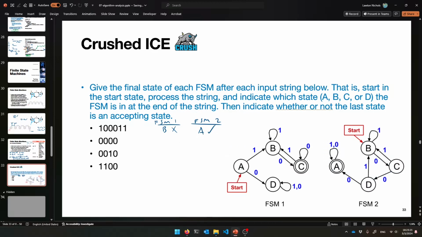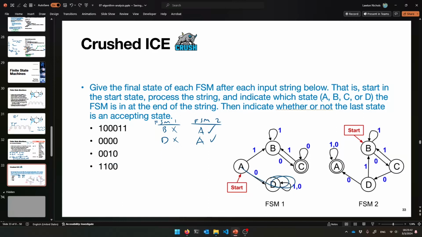Nice. And then let's try these other ones. I'll do them more quickly. So we have 4 zeros. 1, 2, 3, 4. That's D for that one. And then 1, 2, 3, 4 for that one is A. D is not accepting, but A is accepting. Cool. Then we have this one, 0, 0, 1, 0.